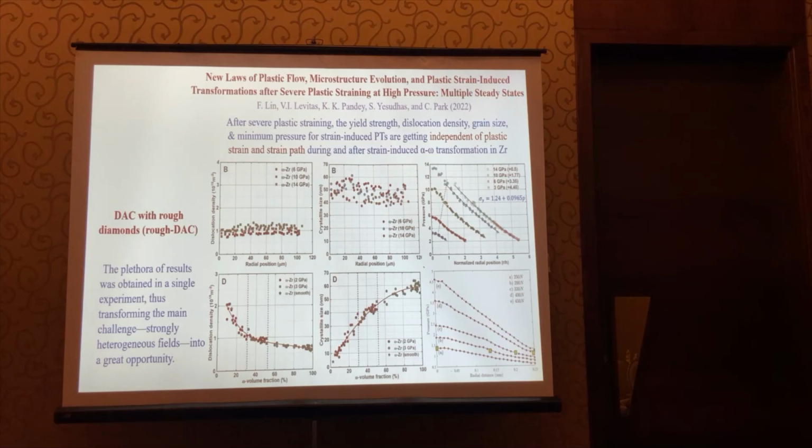We increased the height of asperities for the diamond anvil from 10 nanometers to several hundred nanometers and produced the maximum possible shear stress equal to yield strength in shear. That is why it was easy to robustly determine the pressure dependence of yield strength.